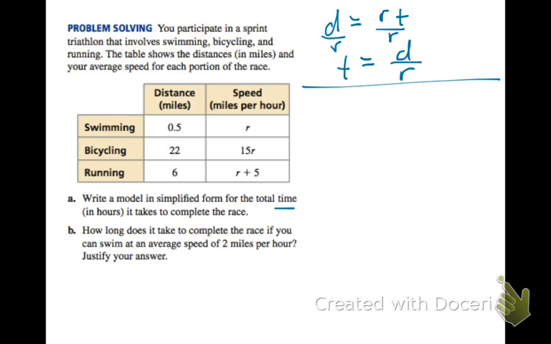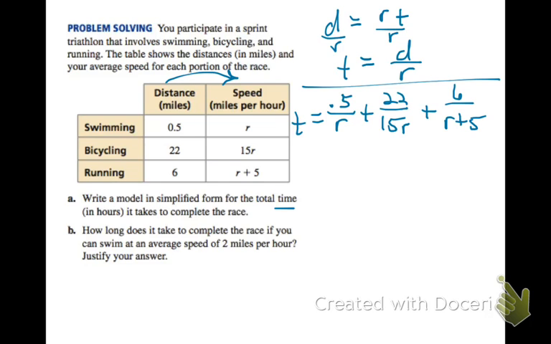So we need to total up all of those distance divided by rate, which is the speed for the swimming, the bicycling, and the running. So swimming, we have 0.5 divided by R. Bicycling, we have 22 divided by 15R. And then running, we have 6 divided by R plus 5.